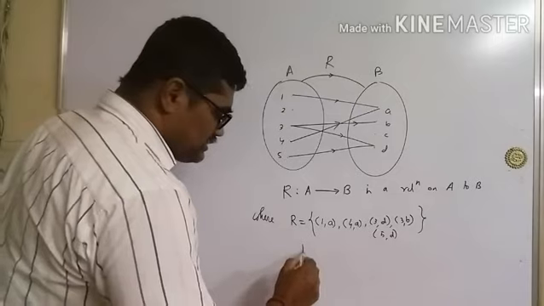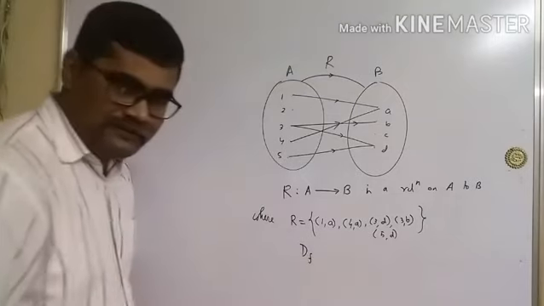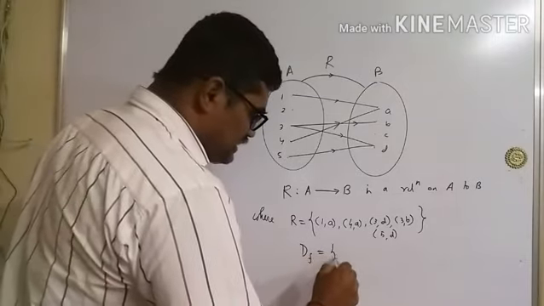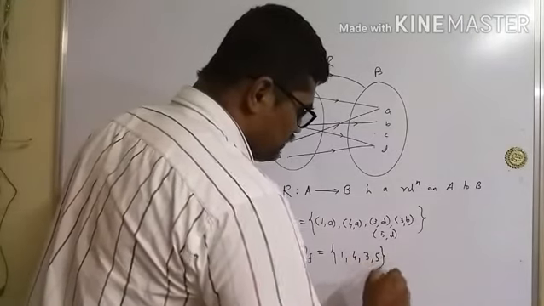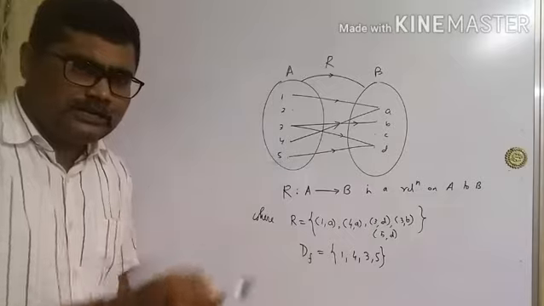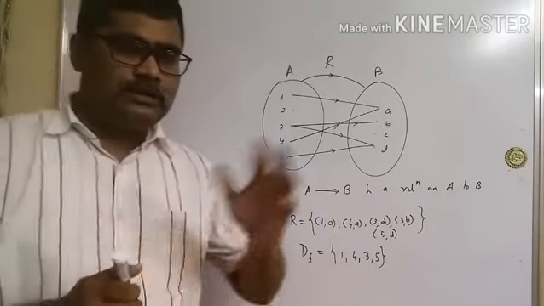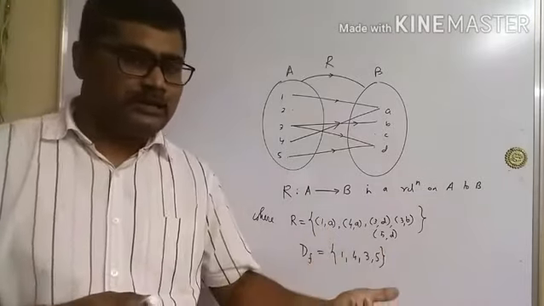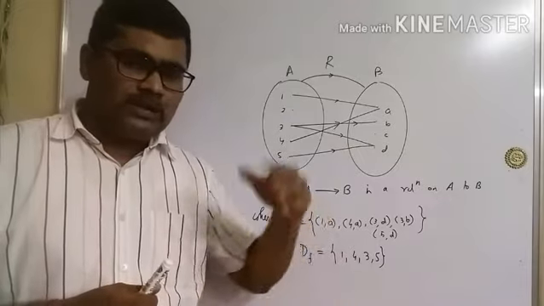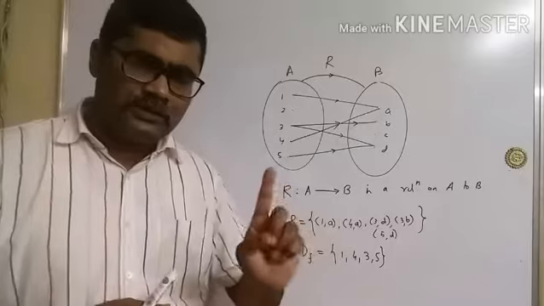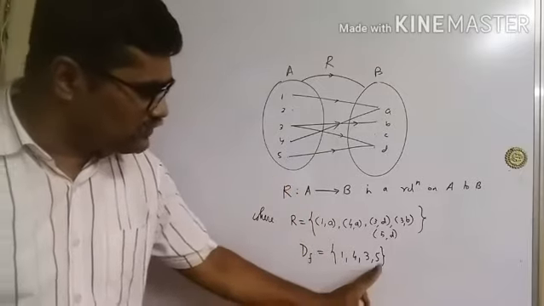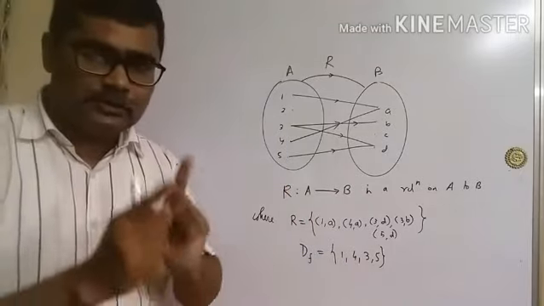That means we define this as D of R, and it contains what? 1, 4, 3 and 5. You see, you need not repeat. Already in set theory you learned, if one element is repeated twice, thrice or maybe more than that, we should not write it that many times. We have to write only once. So 3 is repeated twice, I have to write only once. So 1, 4, 3, 5 is the required domain.